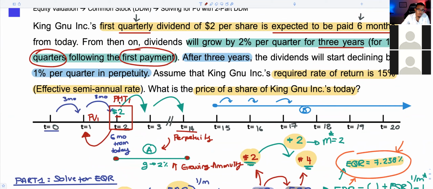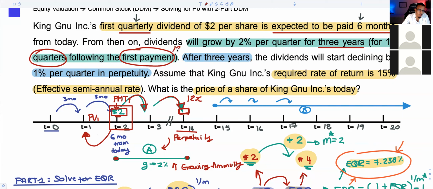The first payment is $2, and then it's going to grow 12 times, up until the last payment that has grown for the 12th time. And then we also have our first payment of $2. So how many total payments do we have?